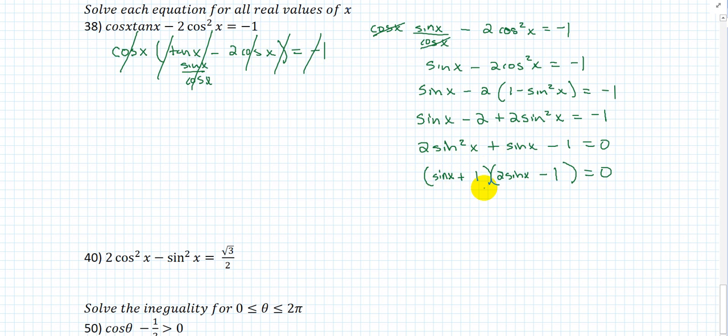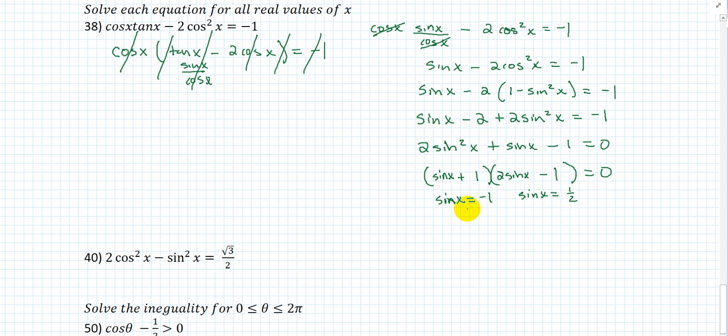Okay, now I need to set these equal to 0. Subtract 1: sine x equals negative 1, and sine x equals, that becomes positive 1 over 2, so 1/2. Just like we did before, solve each equation for all real values of x.